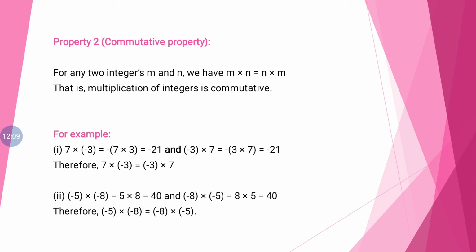Another example, minus 5 into minus 8. 5 8s are 40, and the right hand side is also 40. Both terms are equal. So m cross n equals n cross m. Multiplication of integers is commutative.